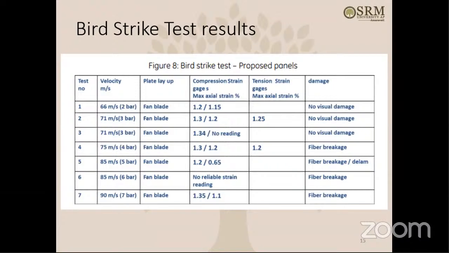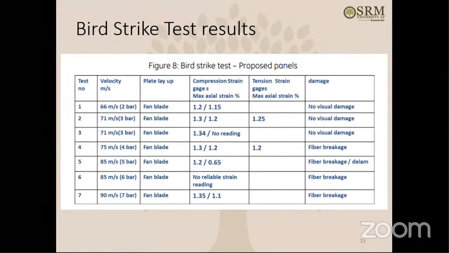So we are using a velocity of 66 meters per second and hitting the bird. You can see the strain gauges installed on the specimen on both the compression side and the tension side. As the blade bends under the impact, one side will show tension strains and the other side will show compression strains.